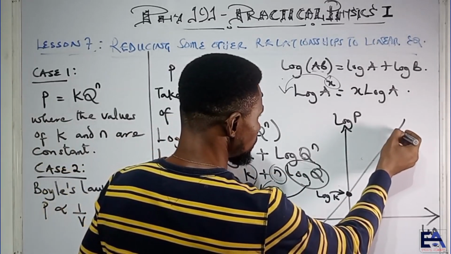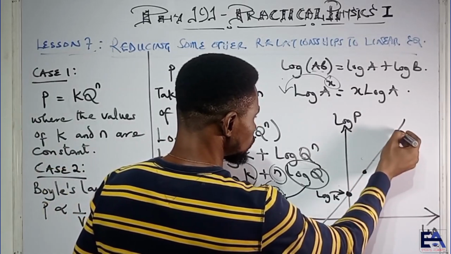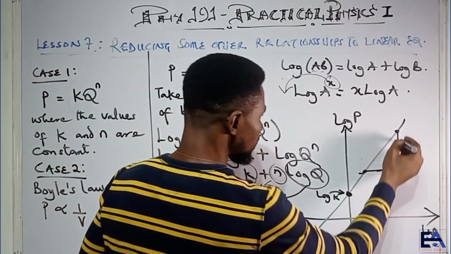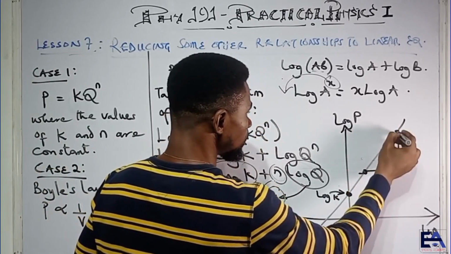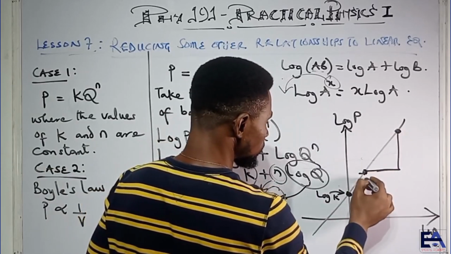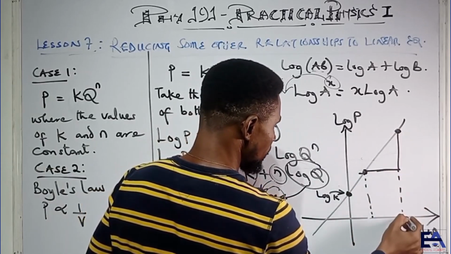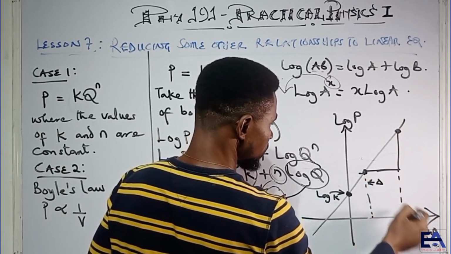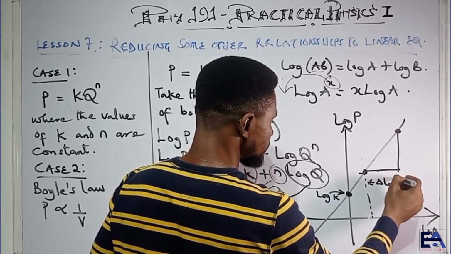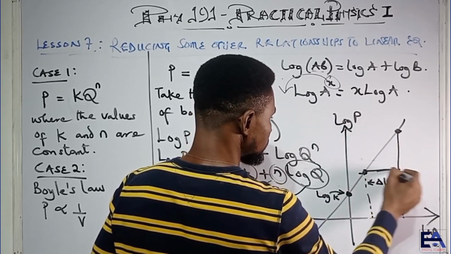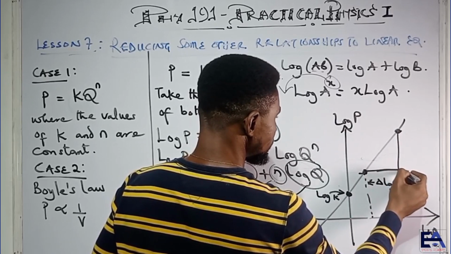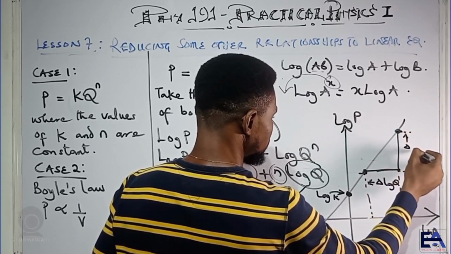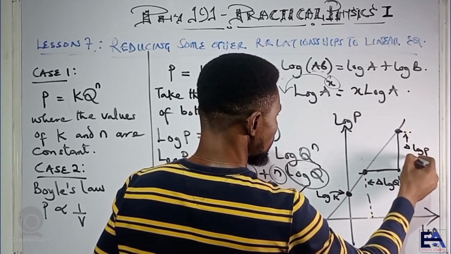You can find the slope using any 2 points across the graph, and then you are good to go. From here to here represents the change in log q, and from here to here represents the change in log p.